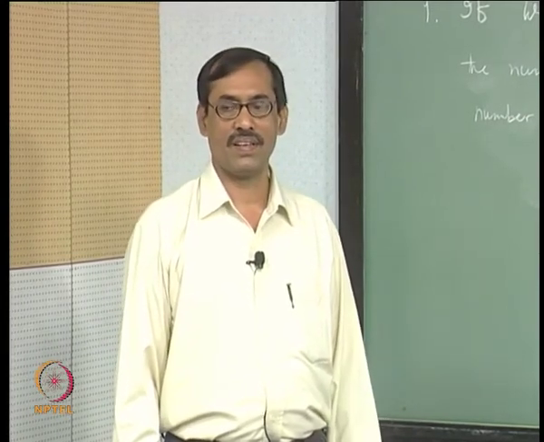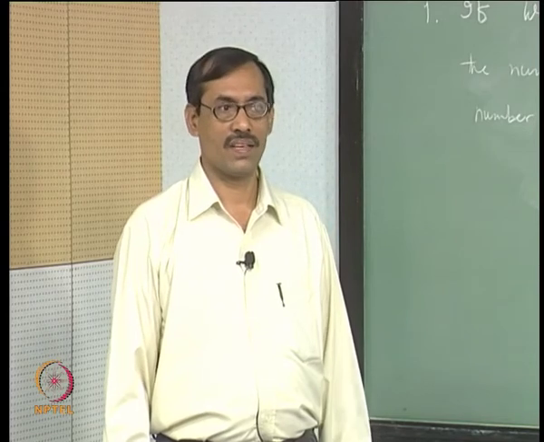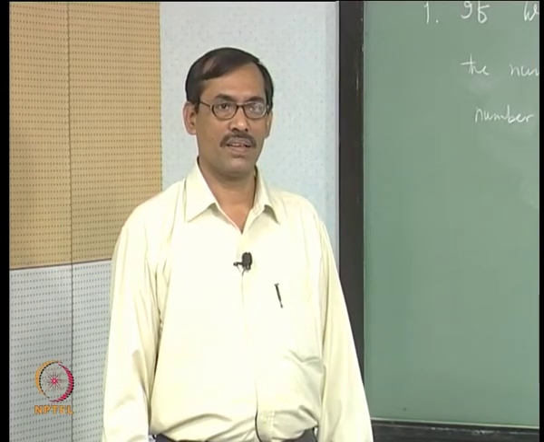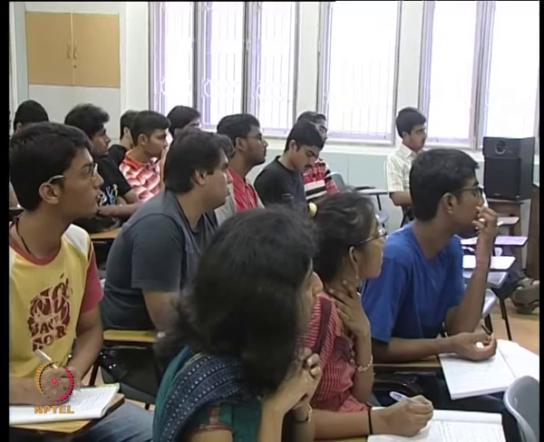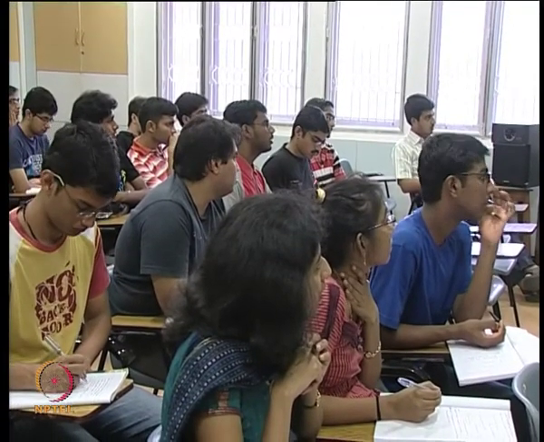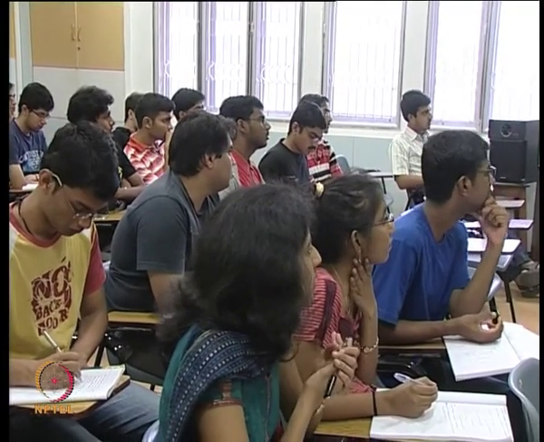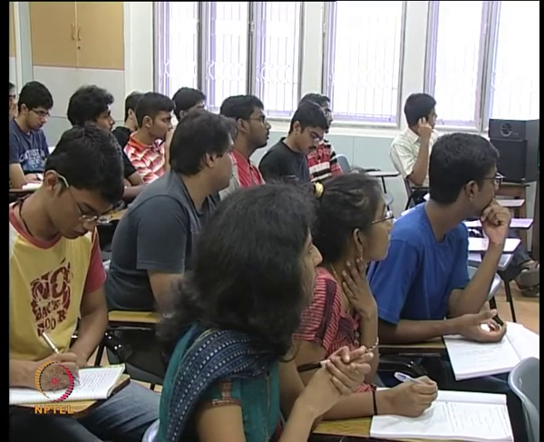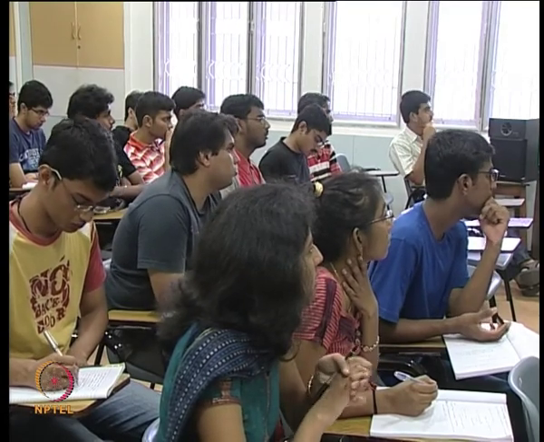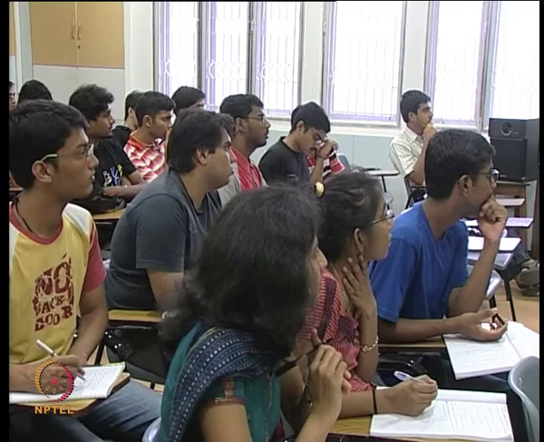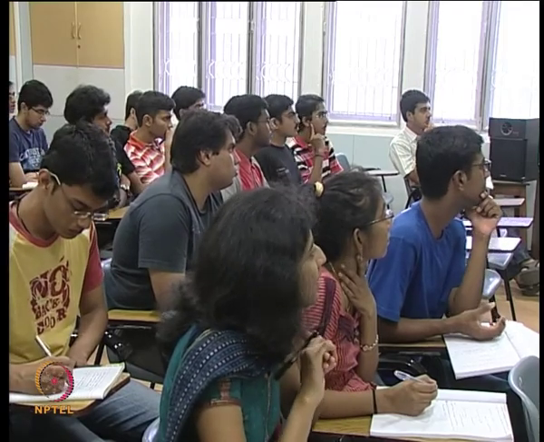I am asking about a prefix of a proposition. The number of left is always greater than the number of right. Can you see that? Greater than or equal to is fine, but is it strict? Is it greater than always? Yes, if it is a proper prefix, right? Because the prefix can be the whole string also.